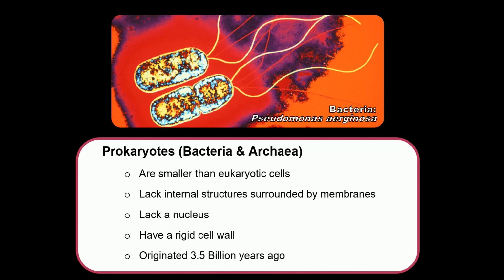All cells have a plasma membrane. They have the outer membrane, the exterior membrane, the outside one. But prokaryotes do not have internal compartments surrounded by their own membranes, whereas eukaryotes have lots of different components inside their cells, each of which have their own membranes. Prokaryotes don't have any of those.